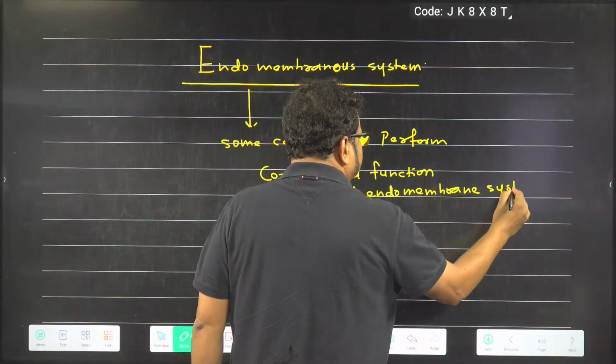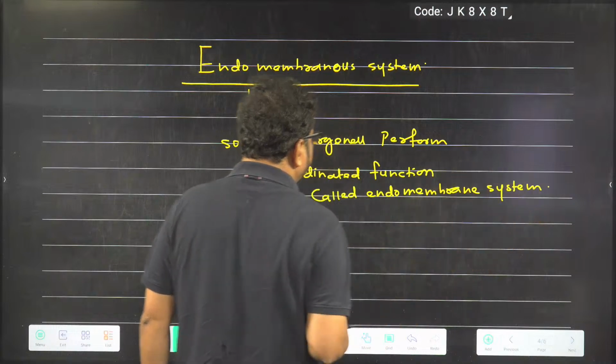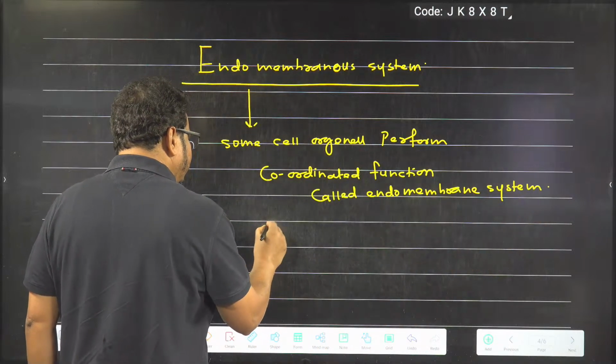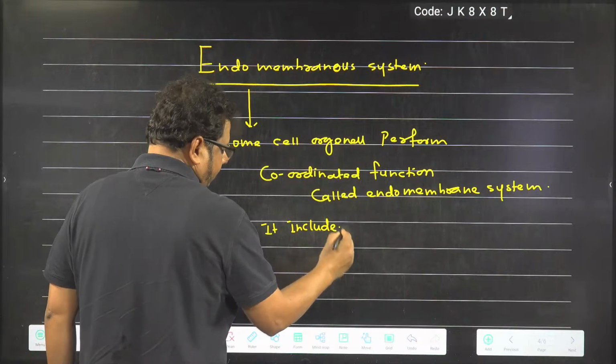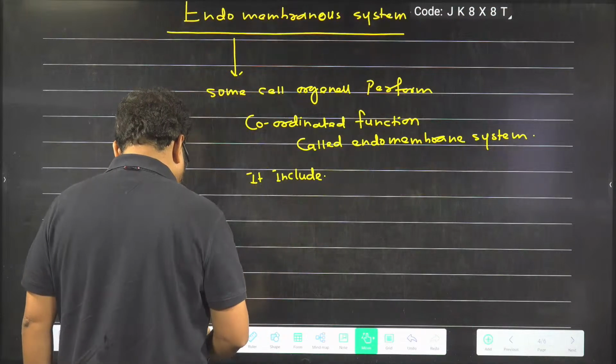So cell organelles of coordinated function are called the endomembrane system. It includes, after plasma membrane, this is the next topic.